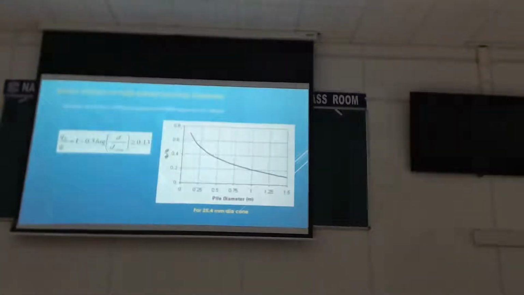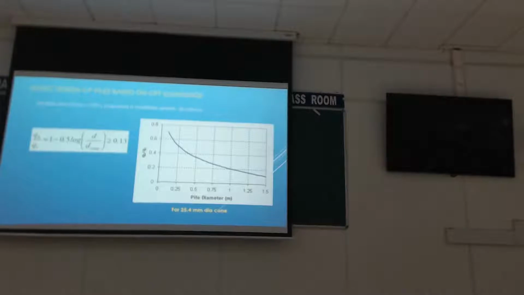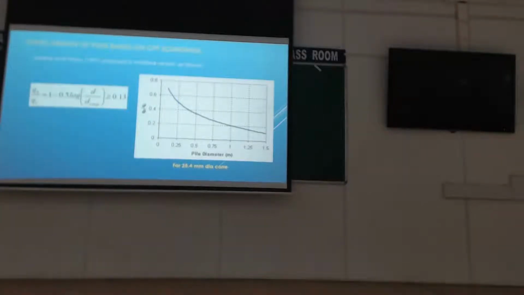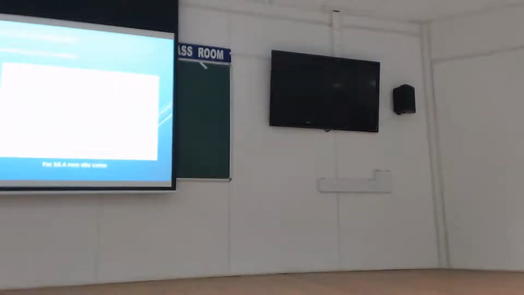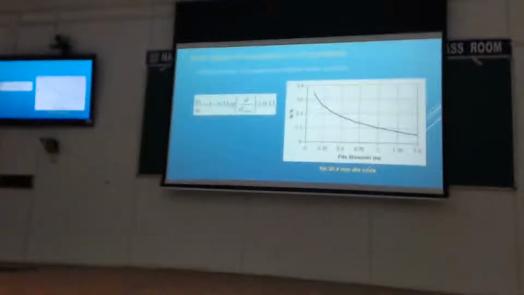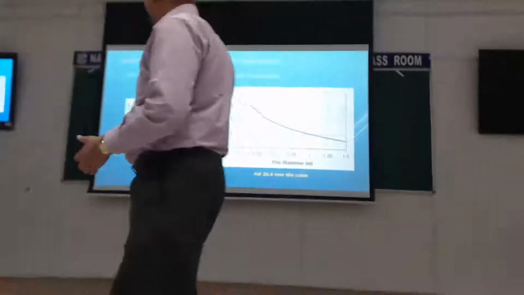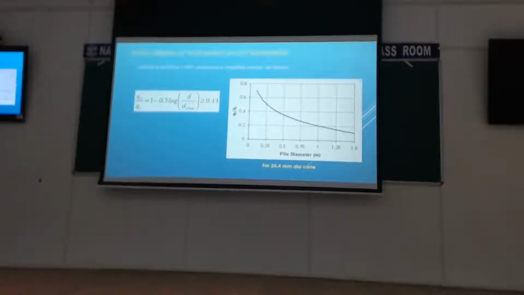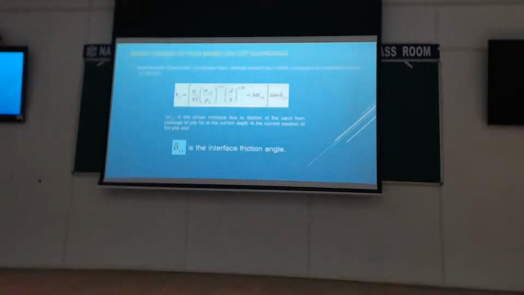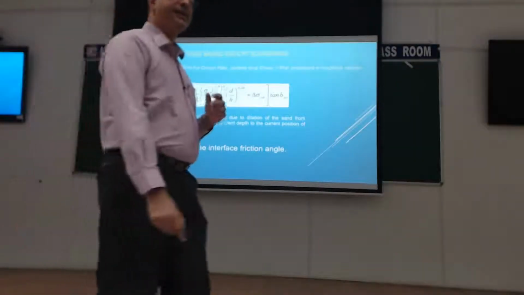Make sense? Now, if I half the size of my pile, I can go up here, and this ratio drops off. Because I'm multiplying with these things, it drops off more quickly. Okay, so you need more resistance to be mobilized at the pile base. So this is one way of designing piles, at least for the base capacity. What about the skin friction?